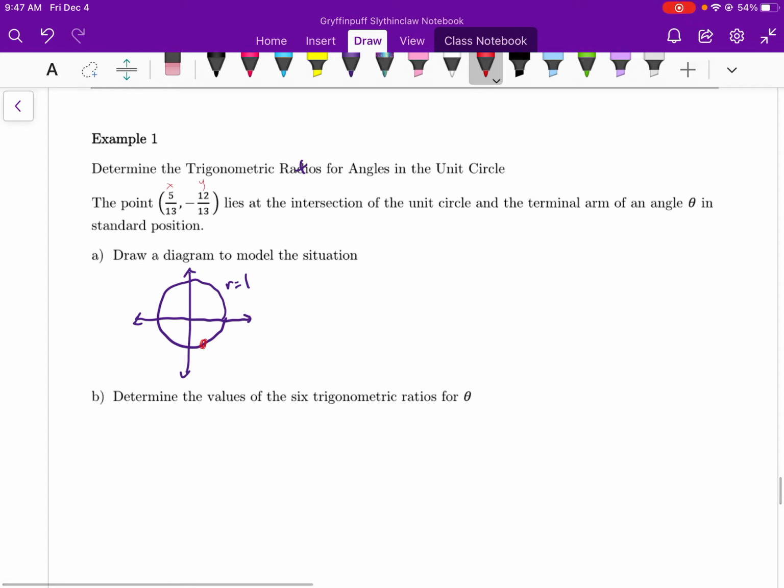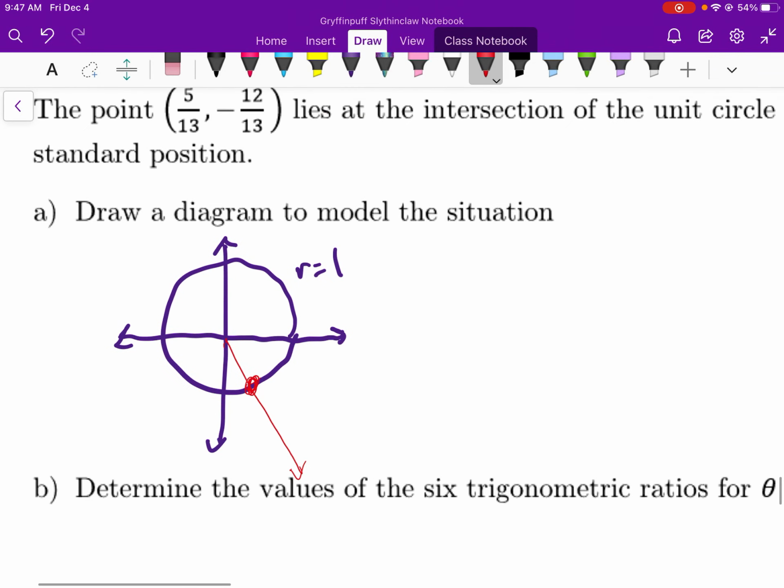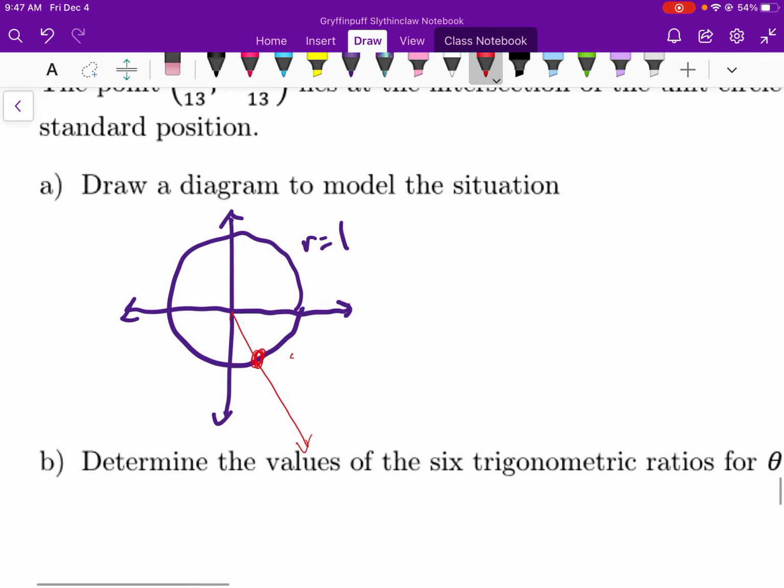And that really puts it in quadrant number 4. So there's my terminal arm, and that's the situation that I'm talking about. Maybe just for extra clarification, I want to write the coordinates of that point, and that's 5 over 13, comma, negative 12 over 13.